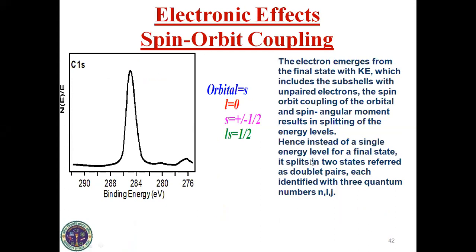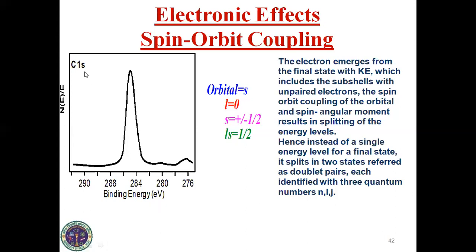In LS coupling, if L is 0 and S is half, there will be a single J value of half. The electron emerges in the final state with kinetic energy, which includes the subshell with unpaired electrons. The spin orbit coupling, or LS coupling, of the orbital and spin angular momentum results in splitting of the energy levels. But here, if L is equal to 0, only a single peak can be seen.